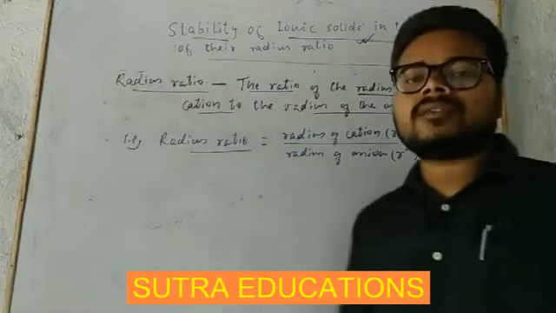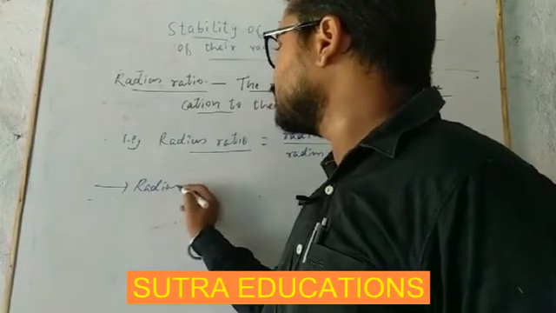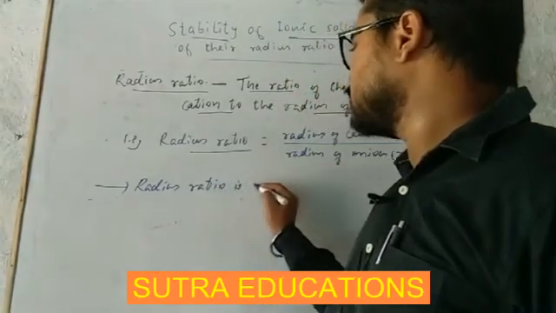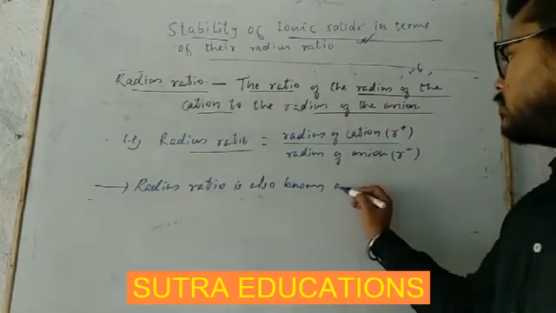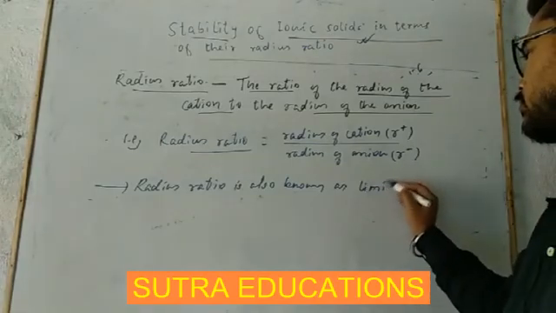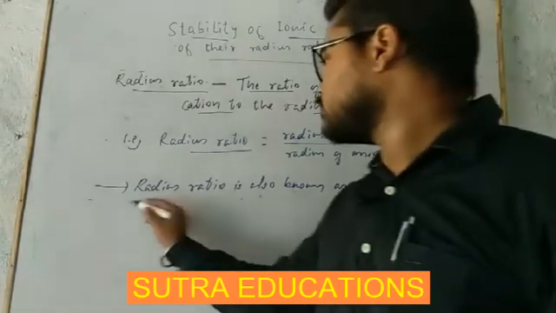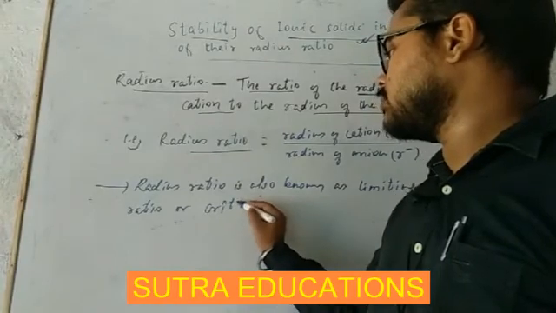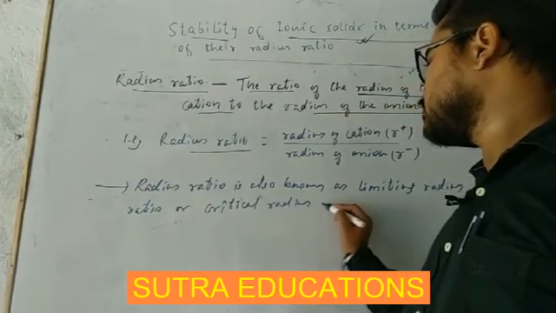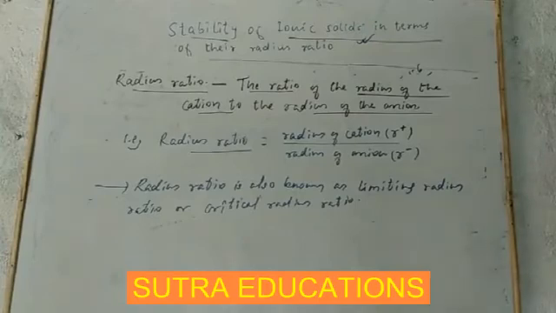This radius ratio is also known as limiting radius ratio or critical radius ratio.